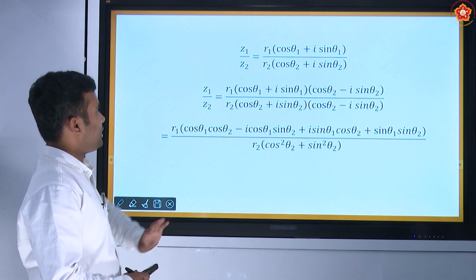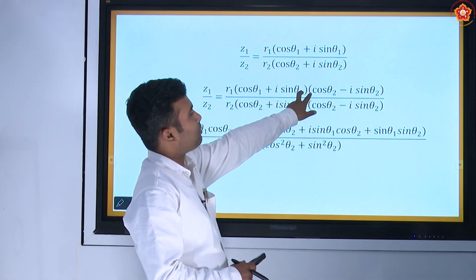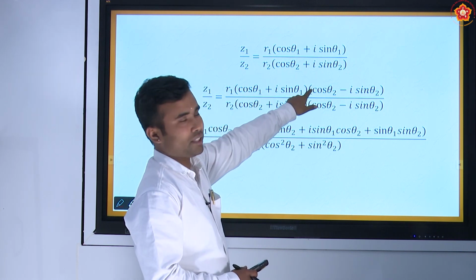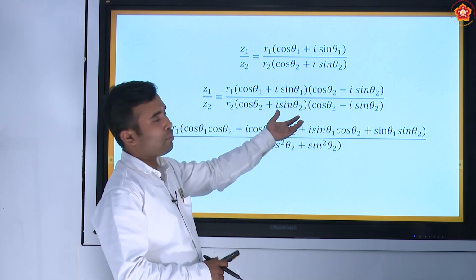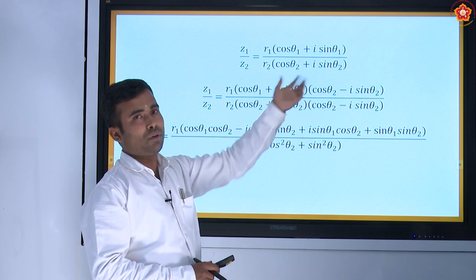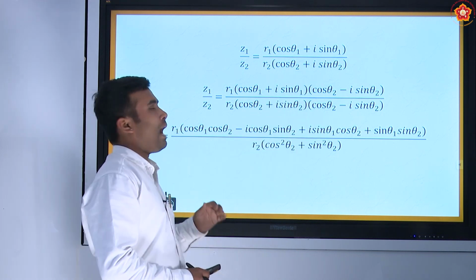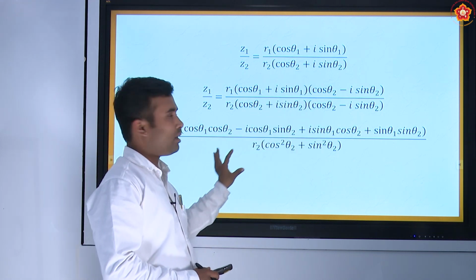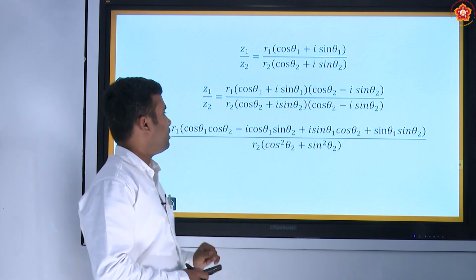See, after multiplication, this is multiplication of two complex numbers, so you multiply the terms. After multiplying, apply i square is equal to minus 1, and then group the real part as well as the imaginary part separately.